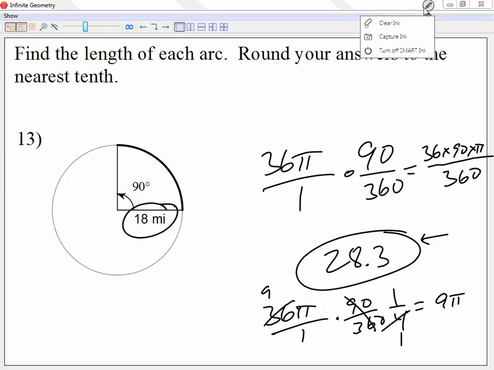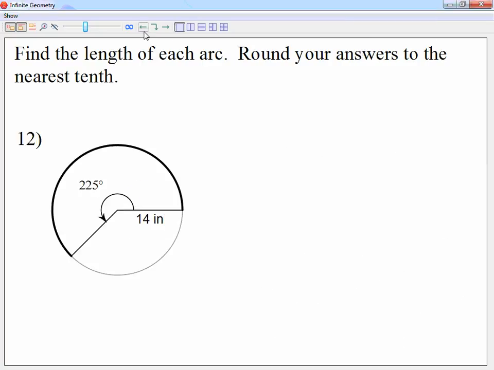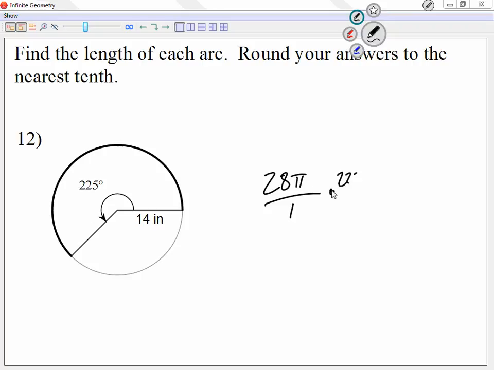All right, Francisco, you had a question for number 12, right? So the way I will set this one up, I will go 28 pi over 1 times 225 over 360, because I'm going to get a decimal at the end. I will just go 28 times 225 times pi, which is a decimal, and then whatever I get, I will divide this by 360.